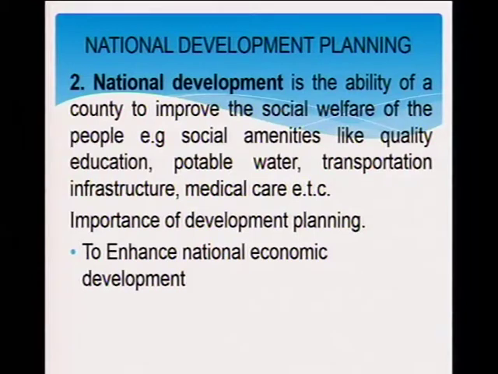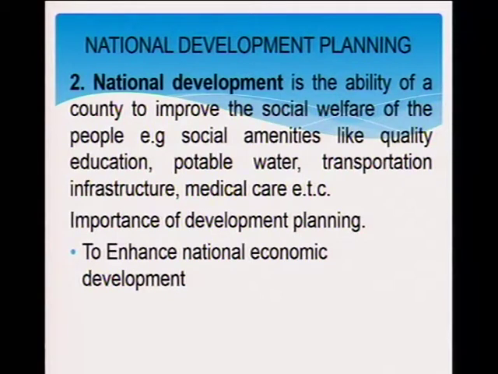Now we move to the concept of national planning development. National development. This is the ability of a country to improve the social welfare of the people. That is what national development is all about. Social amenities like quality education, potable water, transportation, infrastructure, medical care, and all that. That is national development.